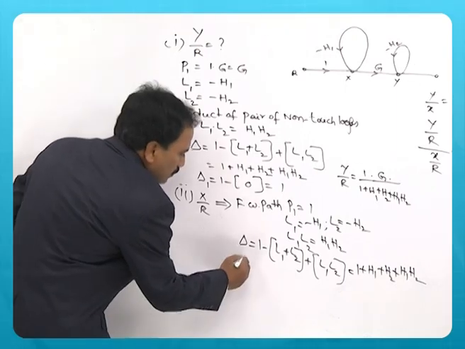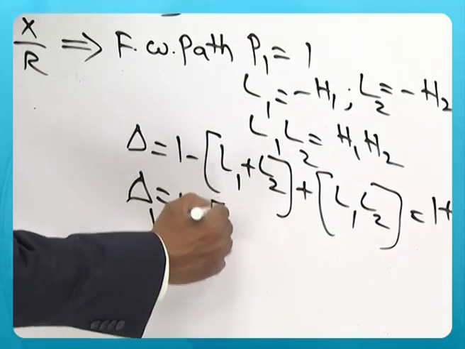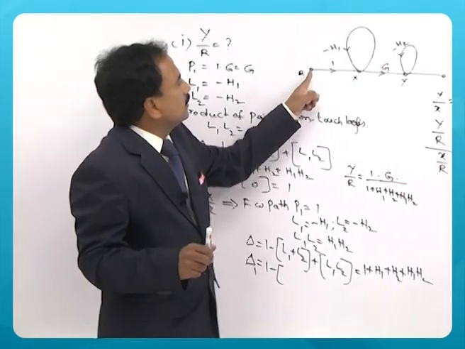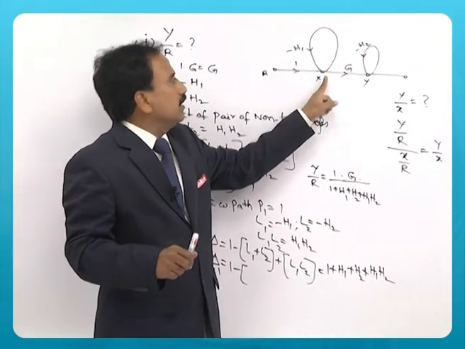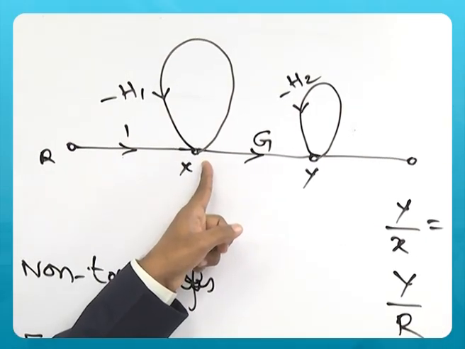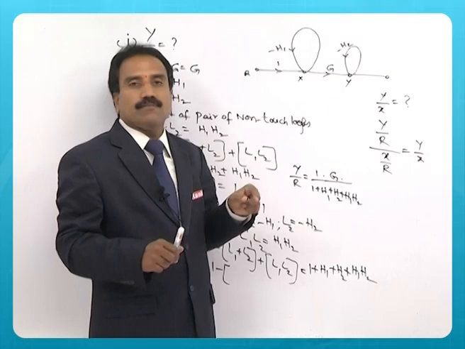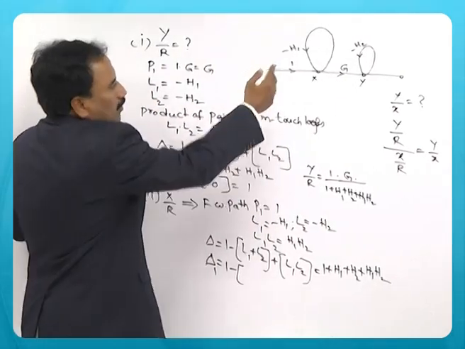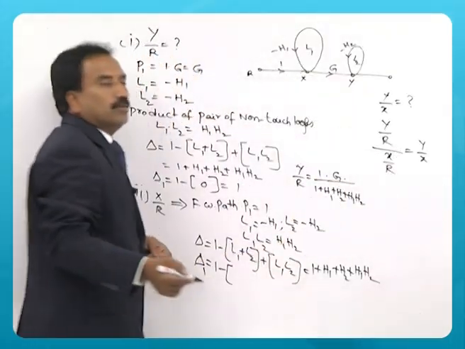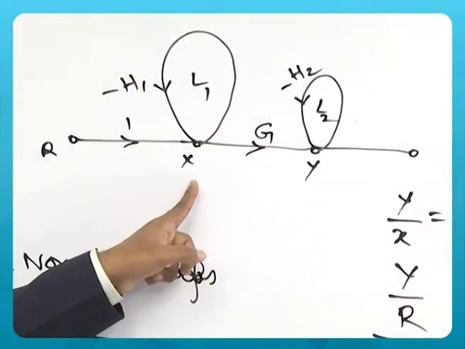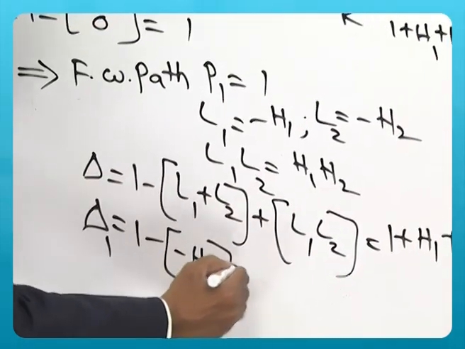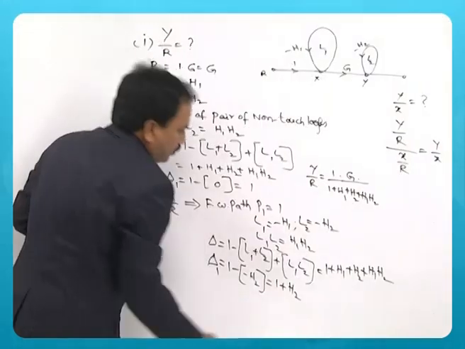It is interesting to see that delta 1 is 1 minus the loop gains which are not touching the first forward path. There is only one forward path, this one. This loop, L1, is touching this forward path because it is connected to x, but the second loop, L2, is not touching it. So L2 exists here, its value is minus H2, so delta 1 is equal to 1 plus H2.